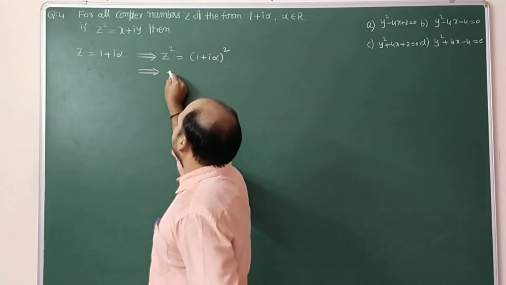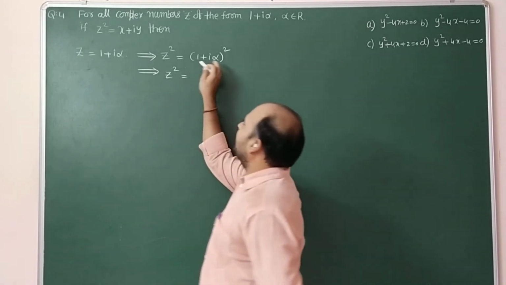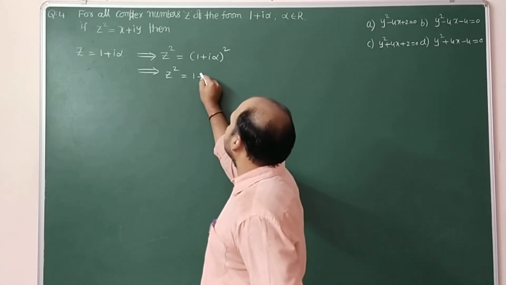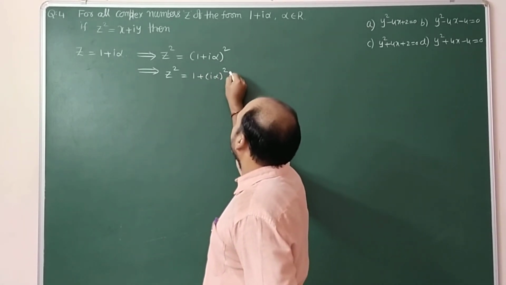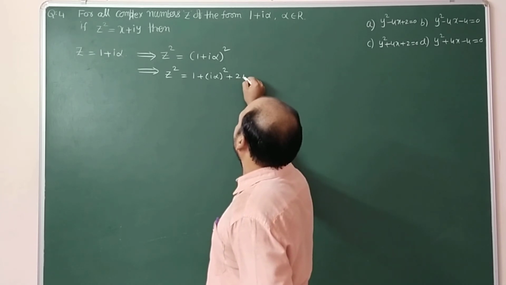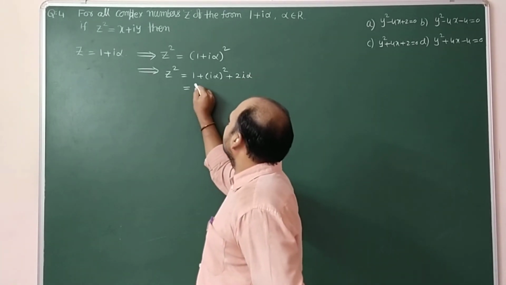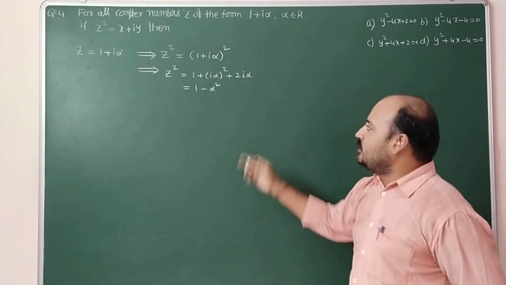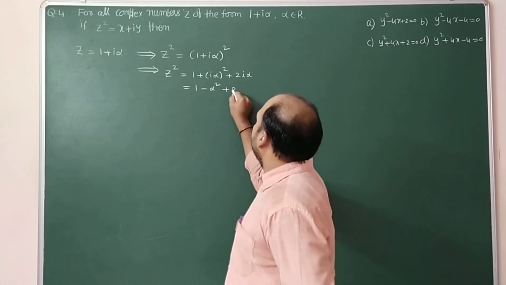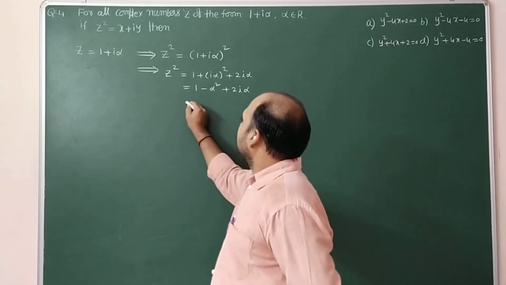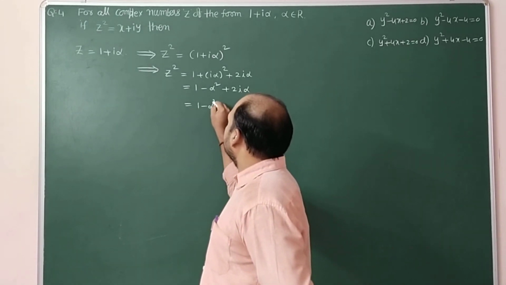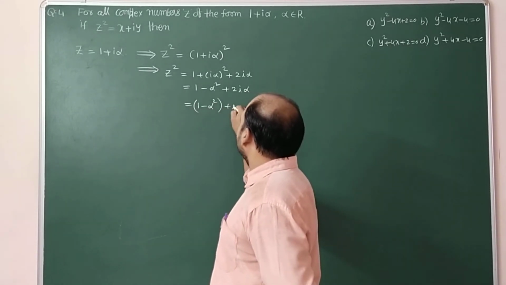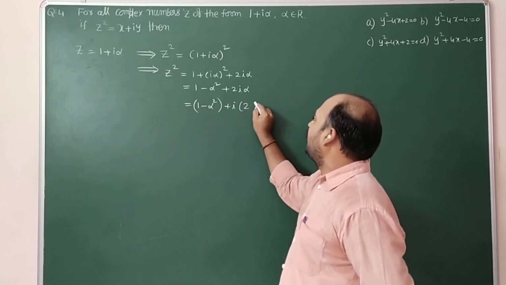By the a plus b whole square formula, that is 1 plus i alpha whole square plus 2 into 1 into i alpha, 2i alpha. So 1 minus alpha square, since i square is minus 1, plus 2i alpha, which is equal to 1 minus alpha square plus i into 2 alpha.